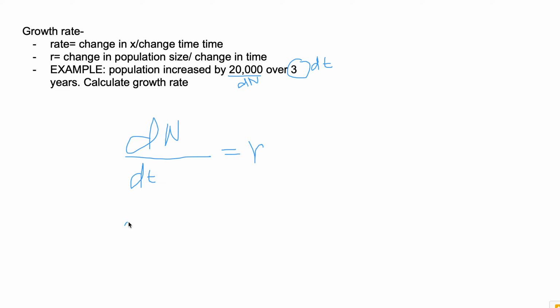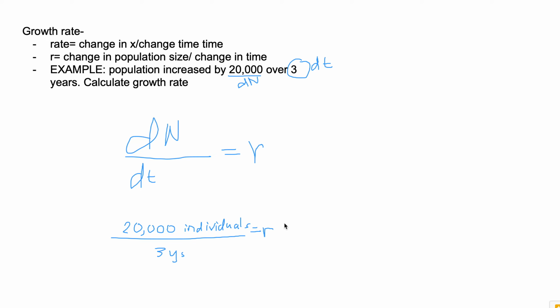So if we do 20,000 individuals, we want to keep those units. Units are really, really important. If it's the FRQ and you get all the way to the end and you don't have units, you don't get points. It hurts. So 20,000 individuals divided by 3 years is equal to our r.